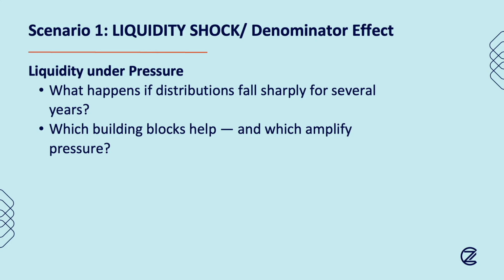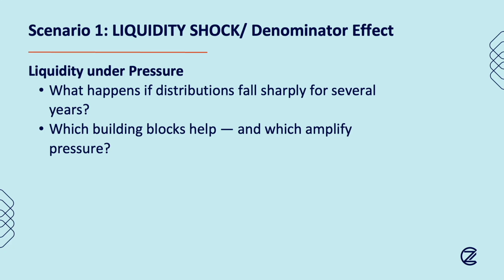Because we're in 2008, or we're in 1997, or we're in the beginning of COVID, and you basically have now a much lower exposure to public markets than you have to private markets. That means the denominator effect: your percentage allocation to private markets may now be above your target allocation. So now, how do we deal with this? That also may require that you are looking for liquidity in your private market portfolio.